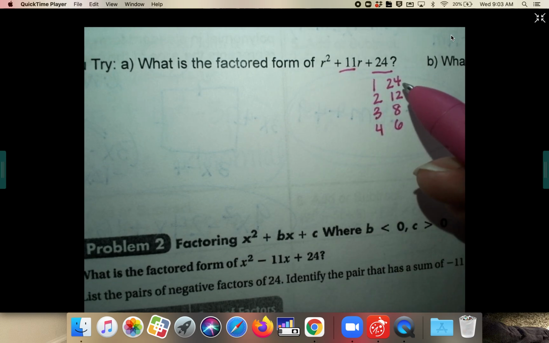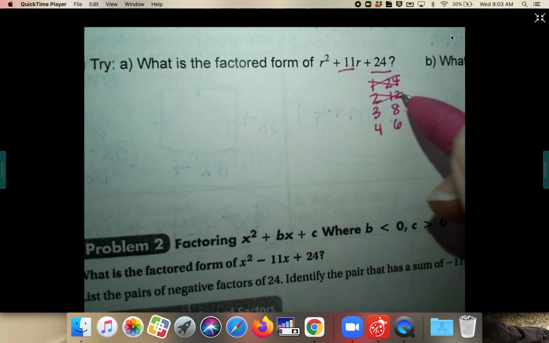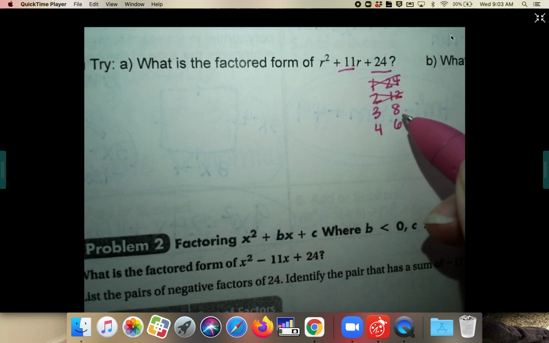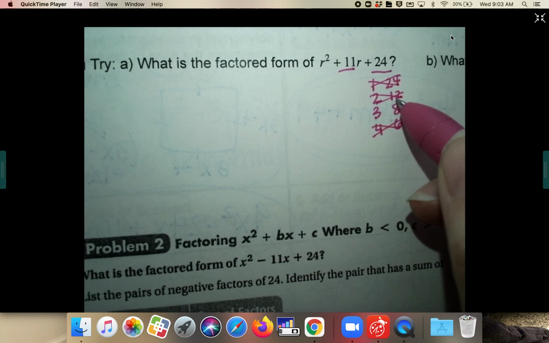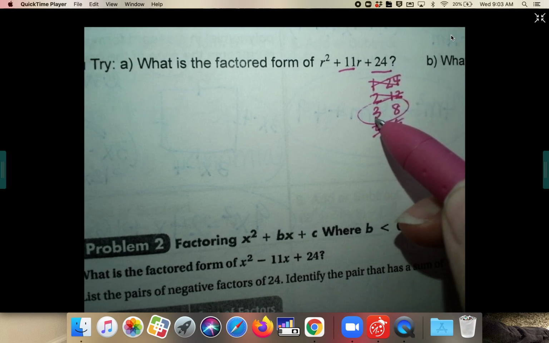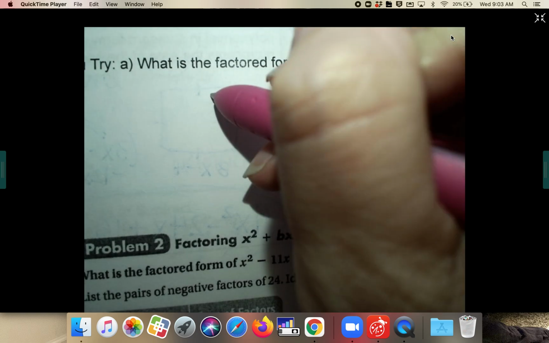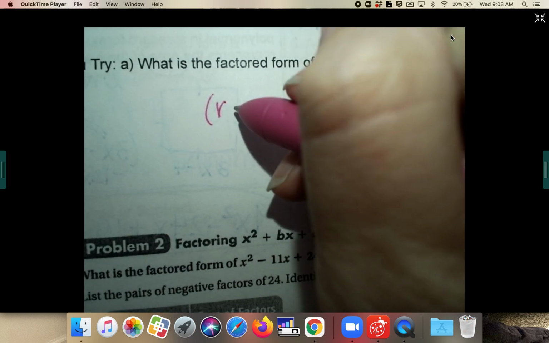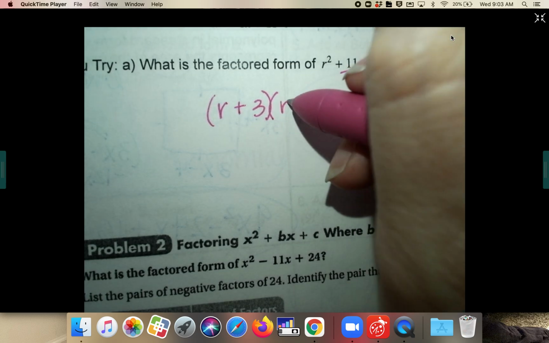So 1 plus 24, not 11. 2 plus 12, not 11. 8 plus 3, yes. 4 plus 6, no. So 3 times 8 is 24, and 3 plus 8 is 11. So that means our answer is r plus 3, because it's positive, and r plus 8.